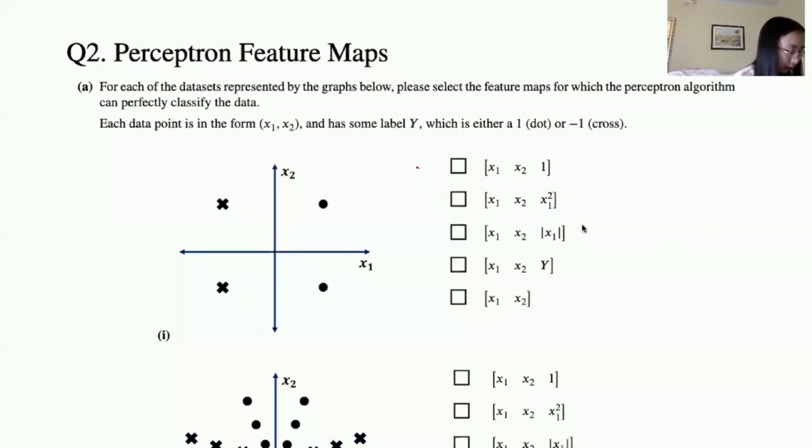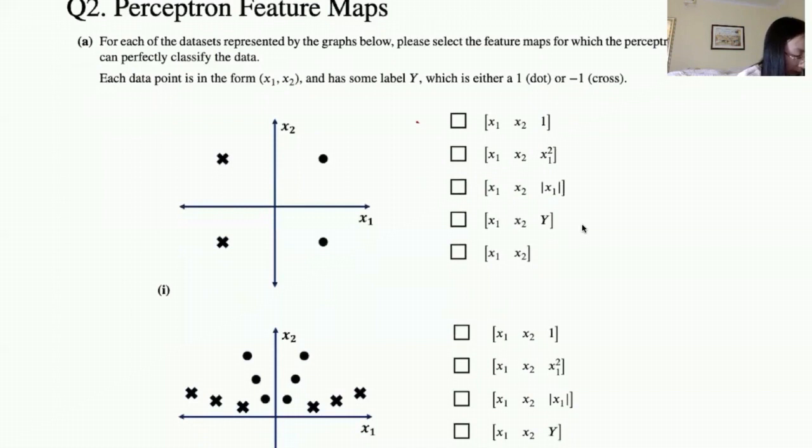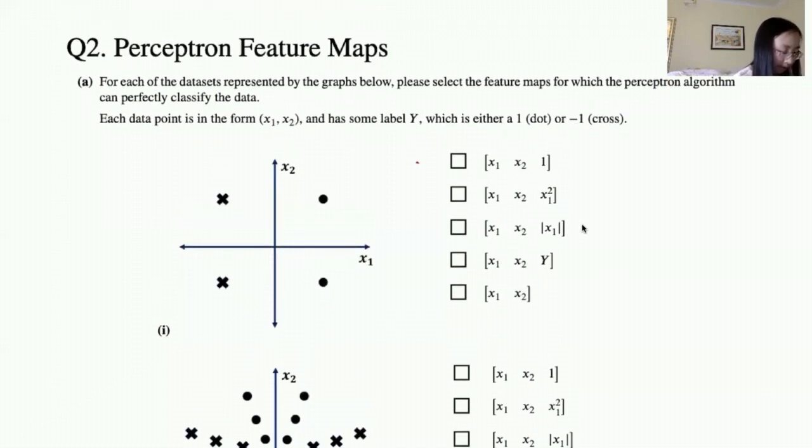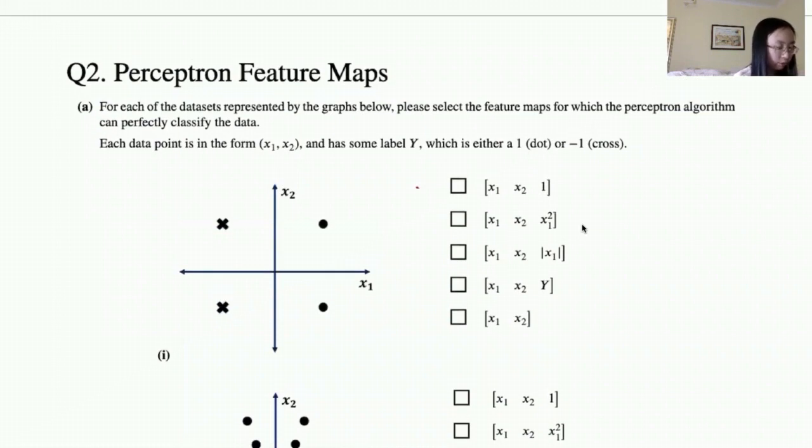So let's take a look at each of these plots. In the first case, these points are pretty easy to separate because we only need to know the x1 value, and the decision boundary could just be x1 equals 0.